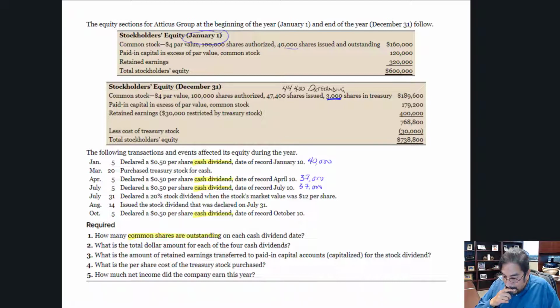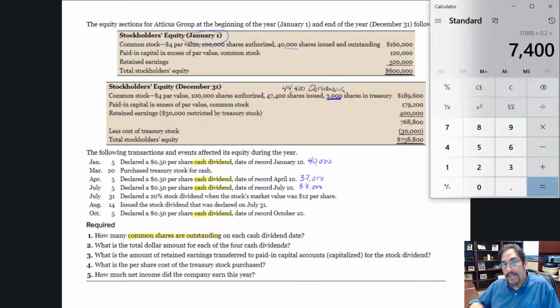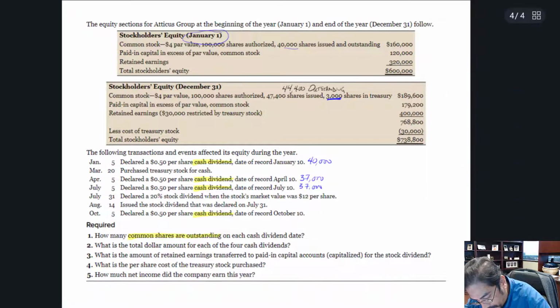So on July 31st, a 20% stock dividend. So 37,000 shares times 20%. 7,400 shares is what we issued here with this stock dividend.